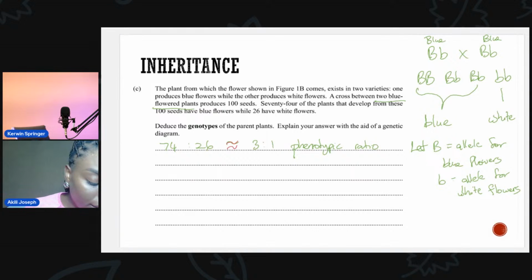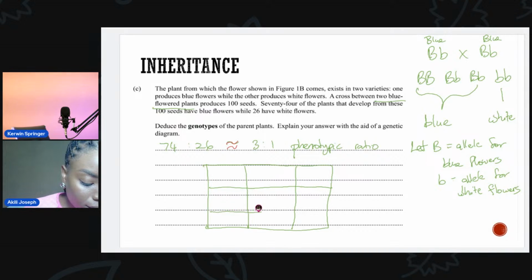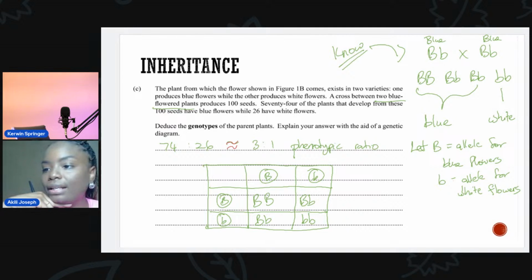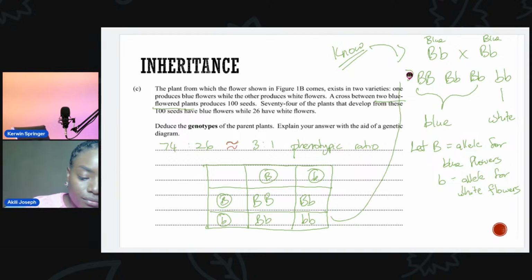So the Punnett square that we draw here shows this. This, guys, is what I know from my studying, and these are the two genotypes that I need to cross to show in my genetic diagram, which would give you these ratios here. So both parents must be heterozygous.